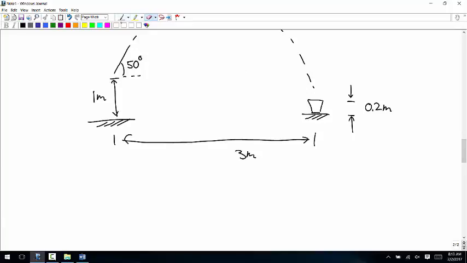So first, what has to be the initial speed of the ball?